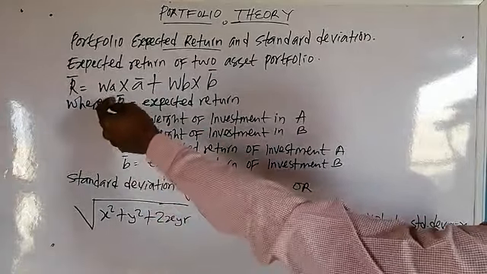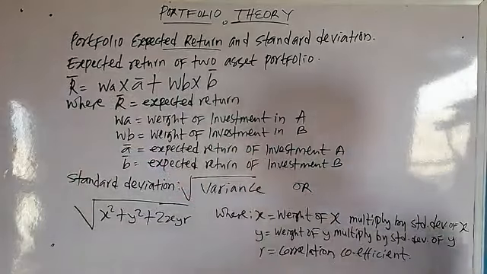The amount allocated to investment A is what is known as the weight.